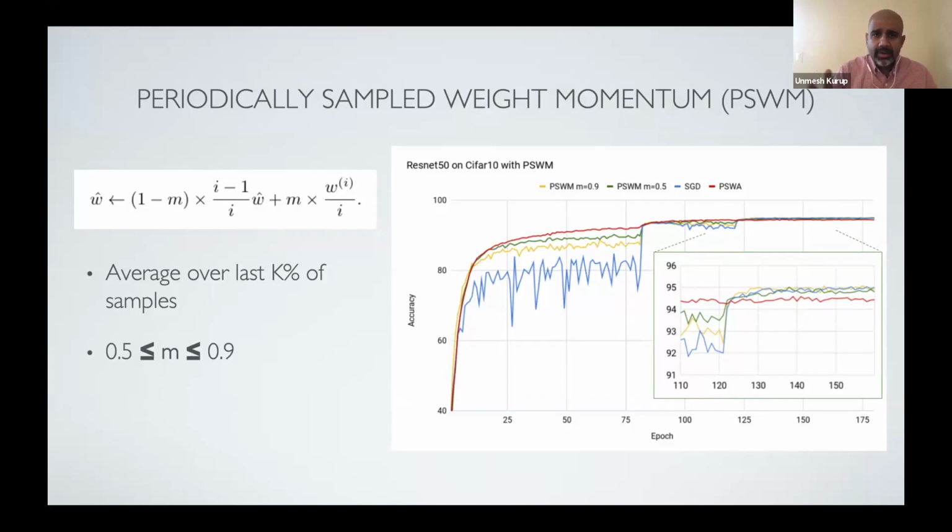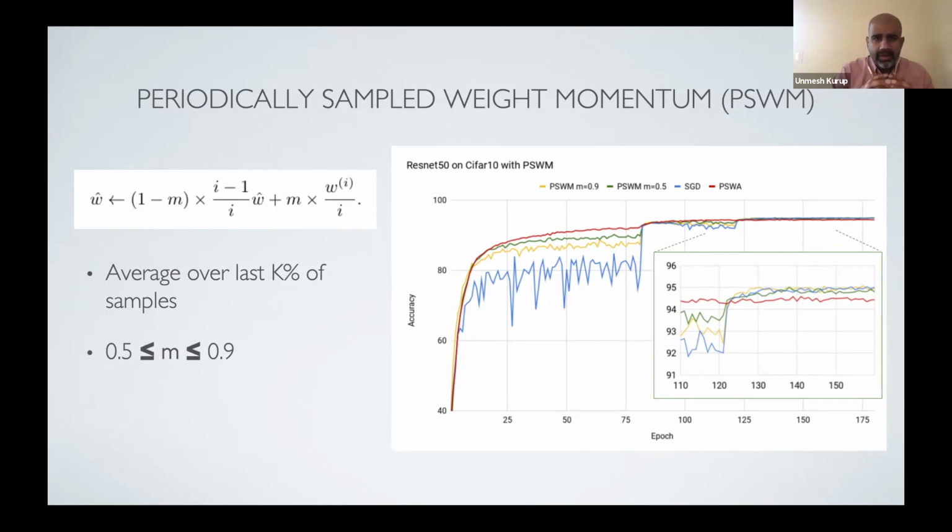Again, we find that the decay factor, we call it M, is a hyperparameter, but it works pretty well for a range of values from the experiments that we have run. You can see the same effect here. It does really well in terms of reduced volatility, and it performs as well as SGD.